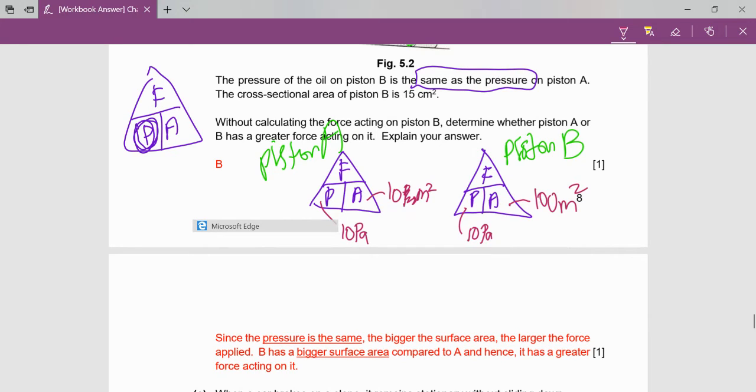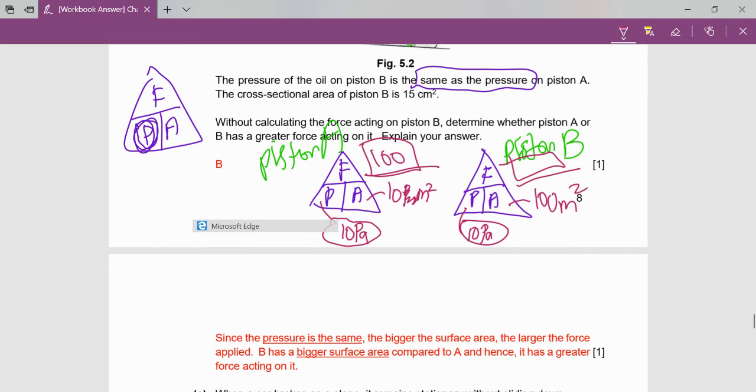Okay, so in order to find out which one has a greater force, I think if you don't calculate, you can still be able to understand. In order to get the same pressure, I cannot have the top two numbers being the same because the bottom numbers are different.